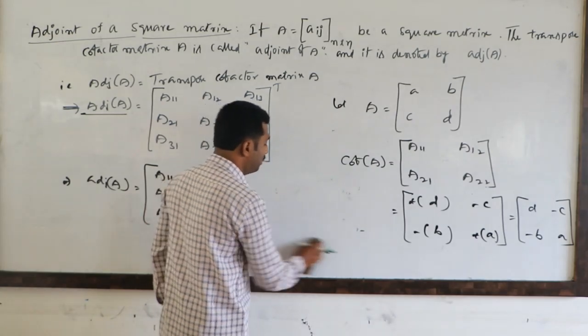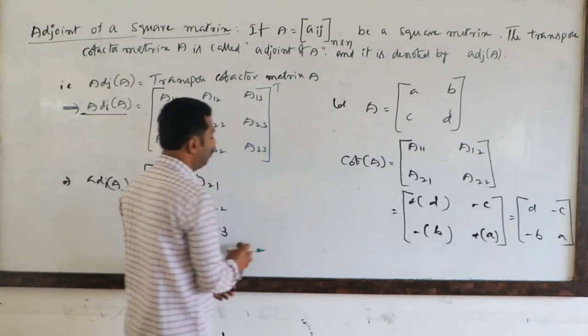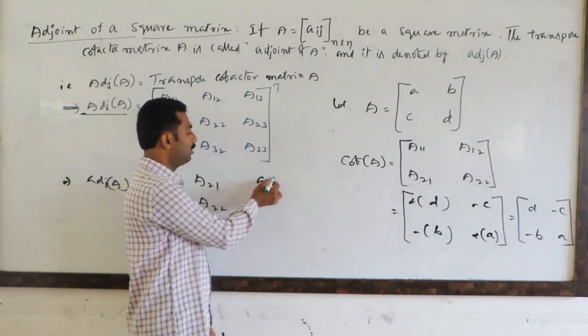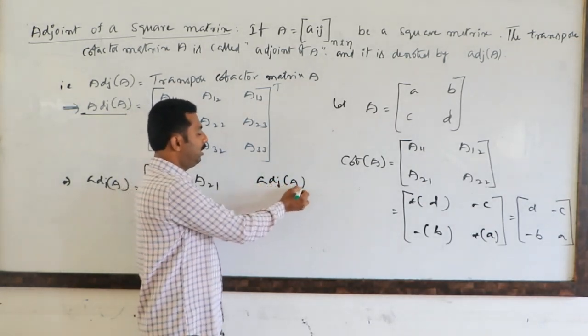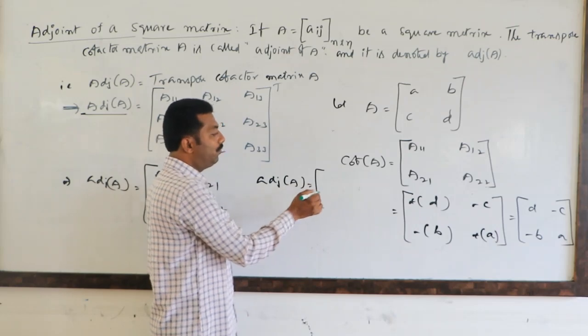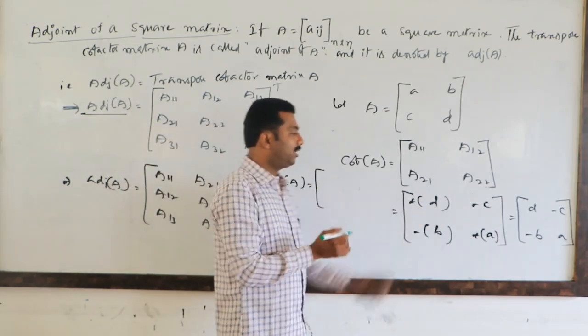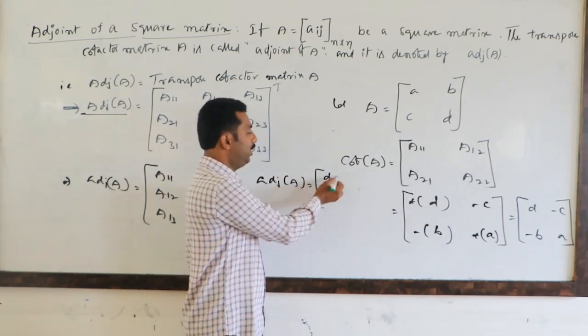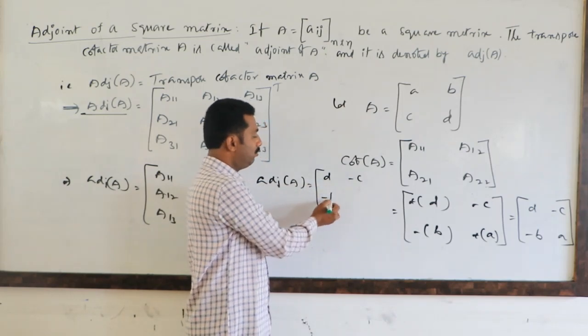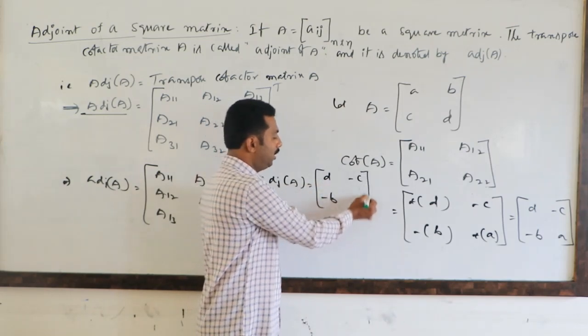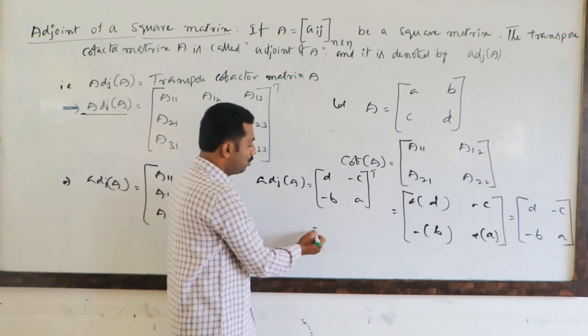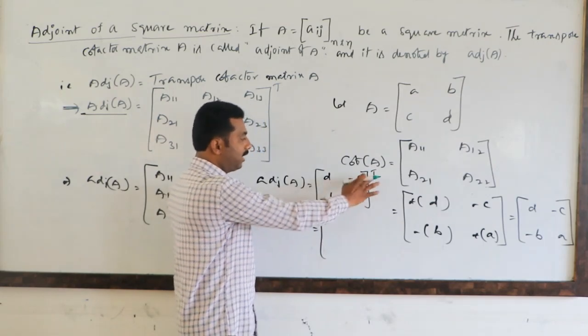Then what is the adjoint? Adjoint of A we have to calculate. See here, adjoint of A equals the transpose of the cofactor matrix, that is D, minus C, minus B, A. So how to write the transpose?